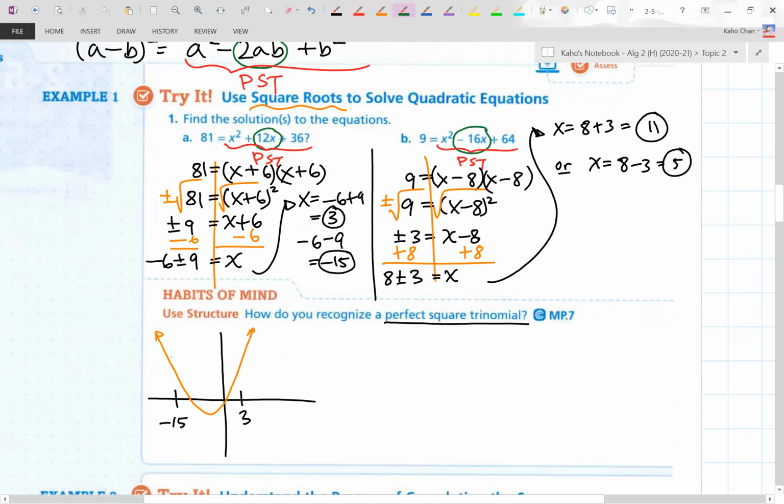And 81 is the other side of the equation, and your two solutions are negative 15 and positive 3. I want to show you that relationship that we did with the previous section involving graphing calculators. I didn't answer the habits of mind, I just wanted to show you this particular relationship with the graph.